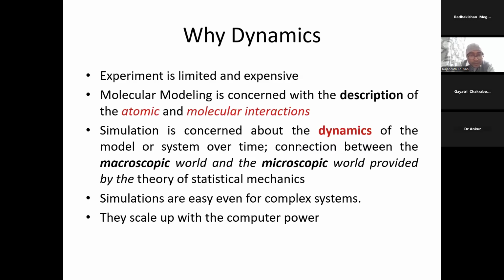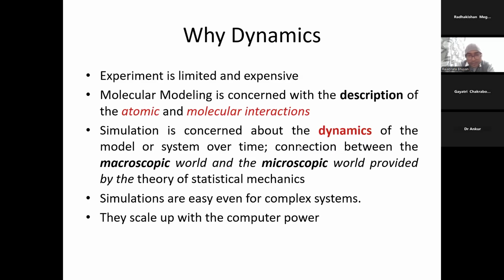So here you try to connect the macroscopic and microscopic behavior of that particular molecule through the theory of statistical mechanics. The macroscopic properties that we are talking about are the thermodynamic properties like temperature, pressure, density, etc. And microscopic means what we already have, like atoms, their interactions, charges of every atom.